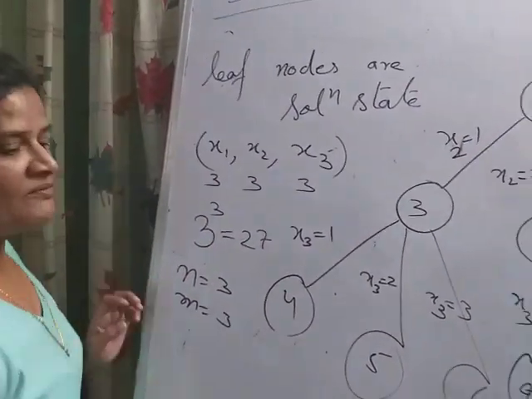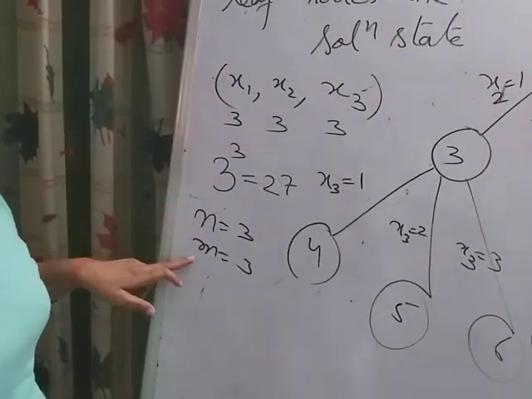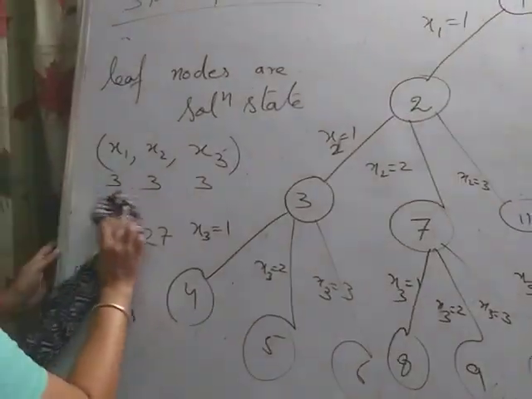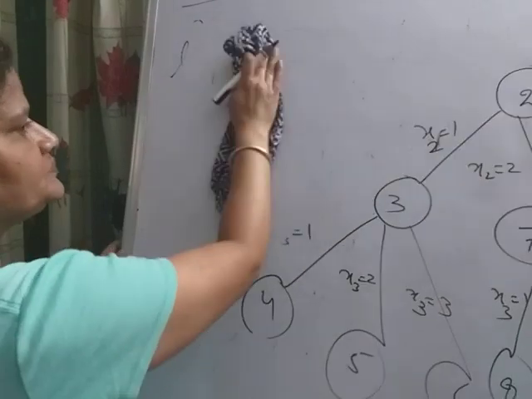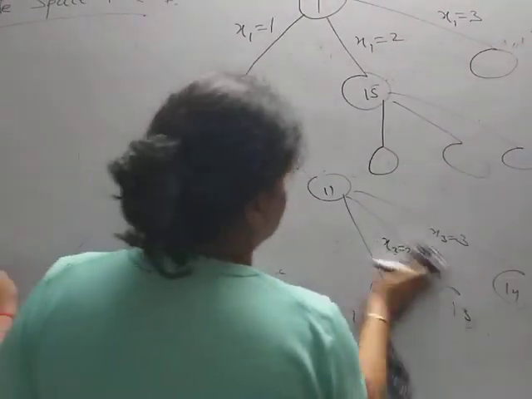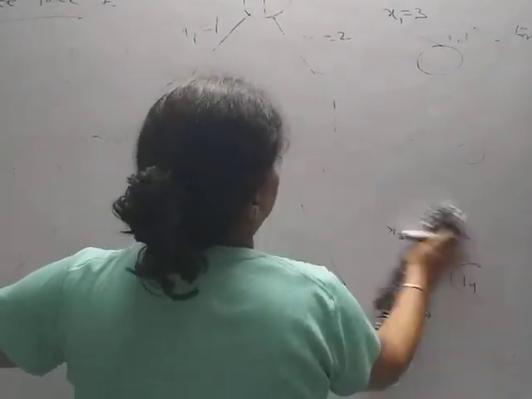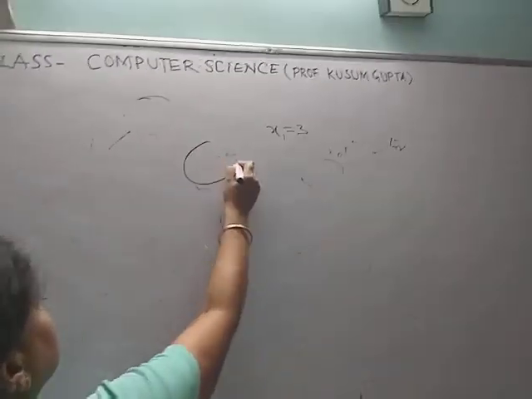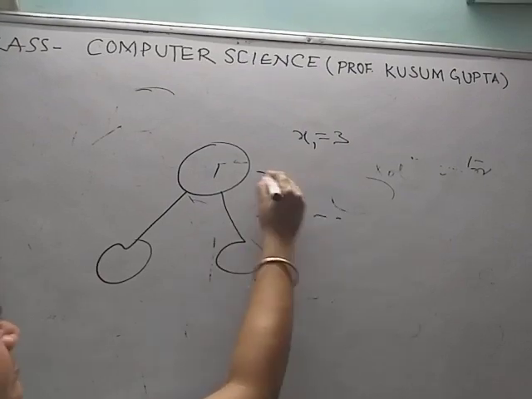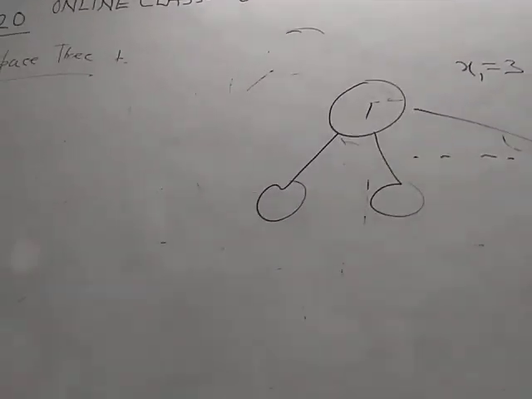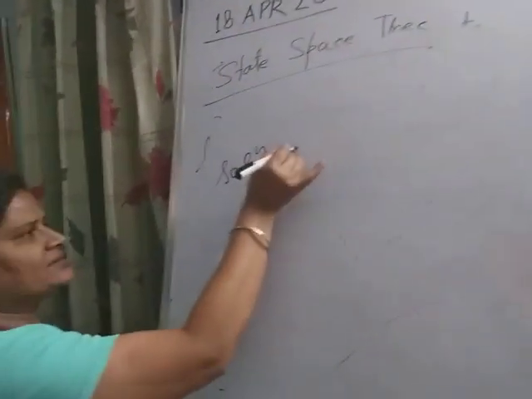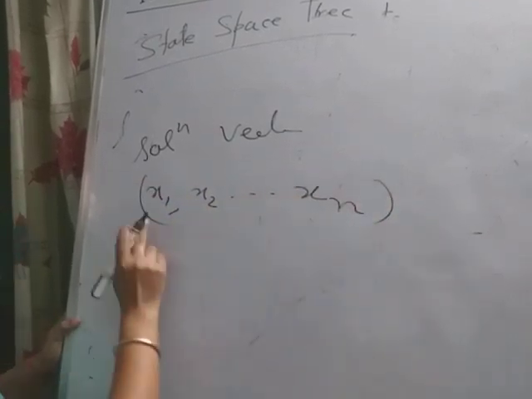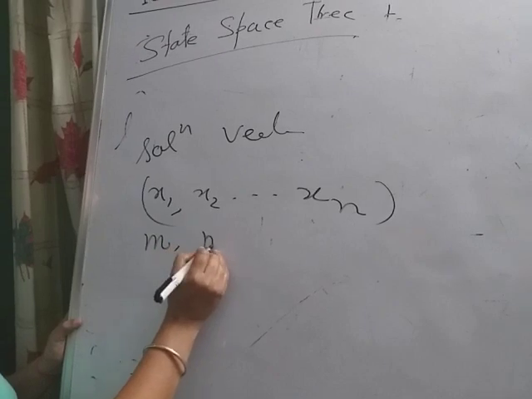Now if we generalize this formula, suppose the number of vertices is n and the number of colors is m. What is the size of the solution space? For the first vertex, it has m branches, because every vertex can be colored with m number of colors, and the solution vector is x1, x2, and so on up to xn. For the first vertex there are m possibilities, second m possibilities, third m.